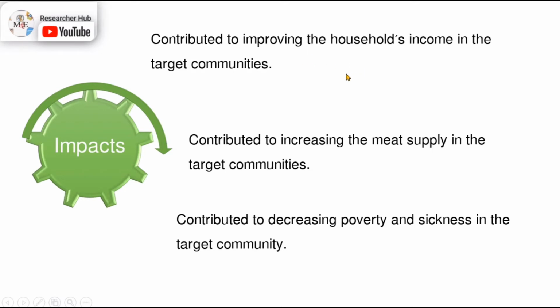Mostly, as we know, a single project cannot improve household income in the communities, but we can contribute to it, right? So that's why a good impact statement normally starts with contributed to doing something, to increase, to decrease, or to improve, that kind of thing.